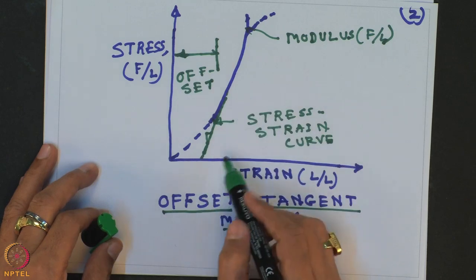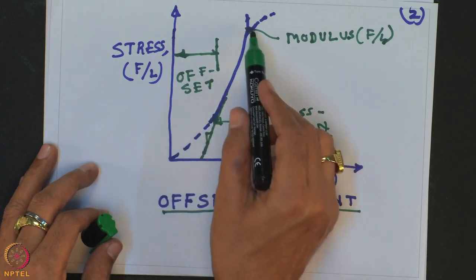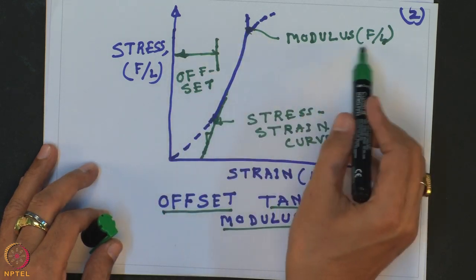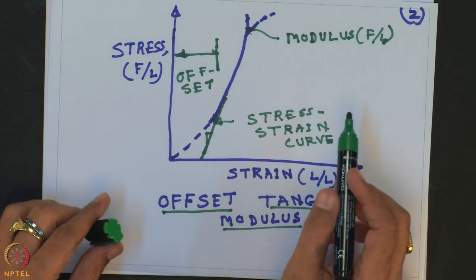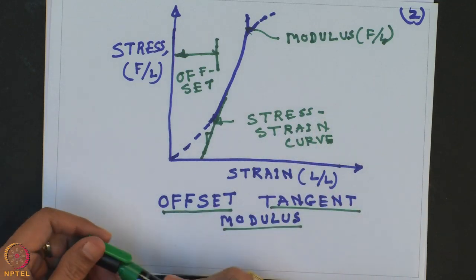You can take the slope, which will give you that modulus, and that is called the offset tangent modulus.